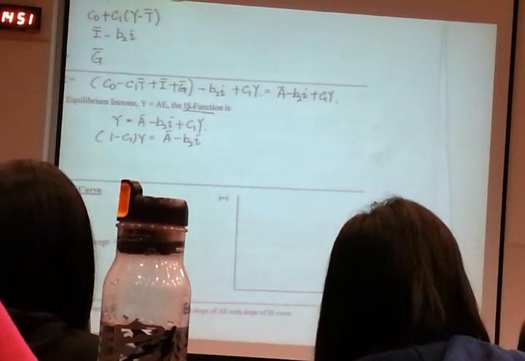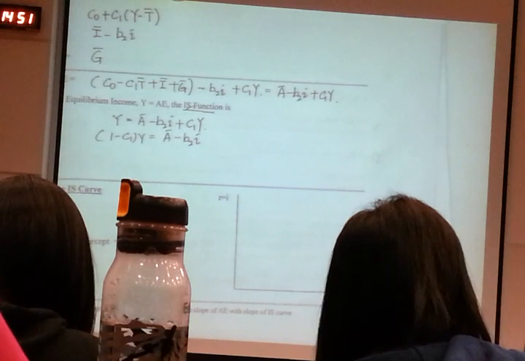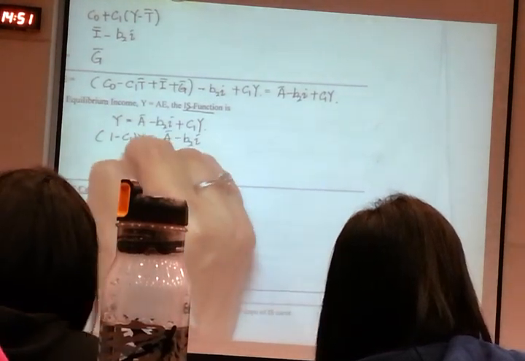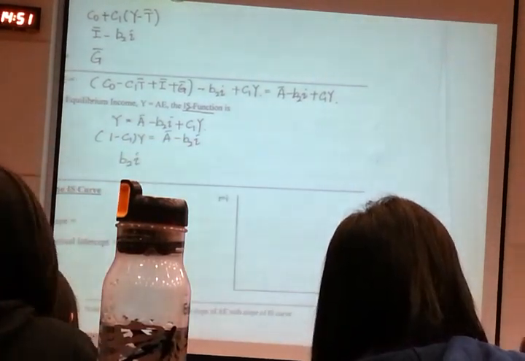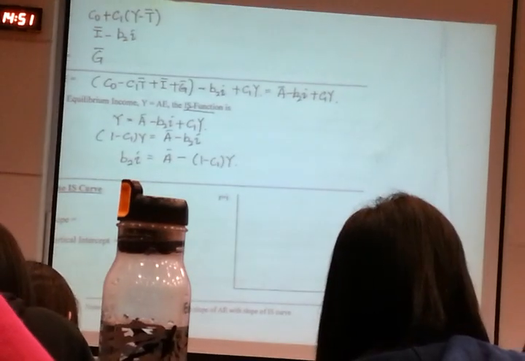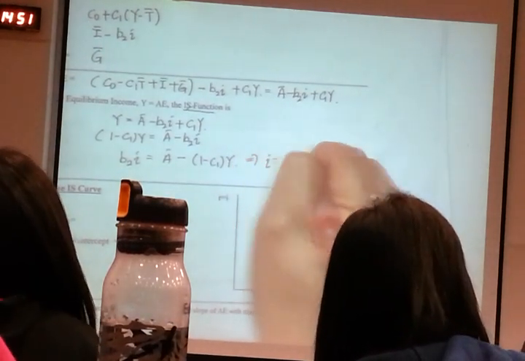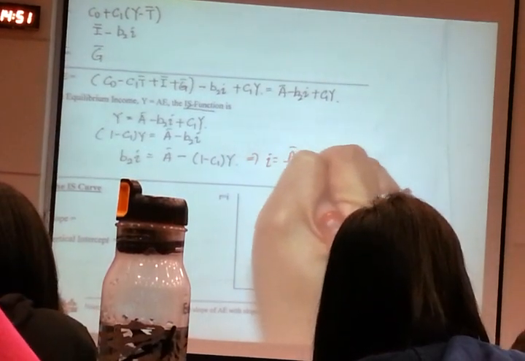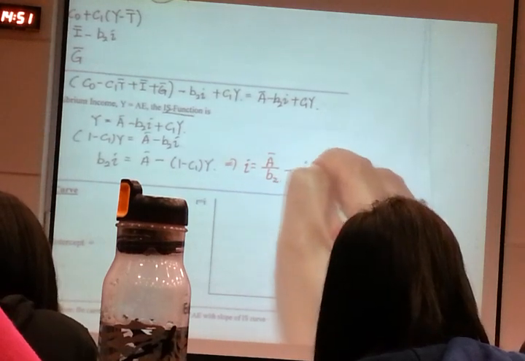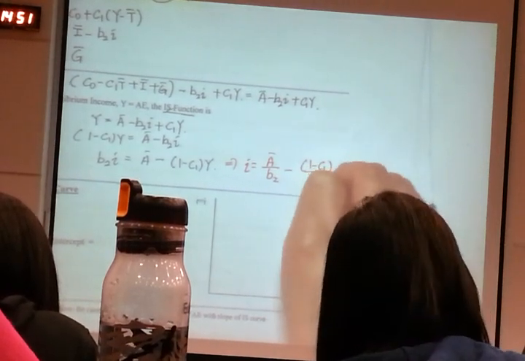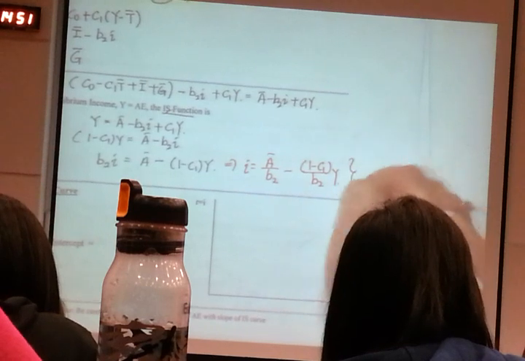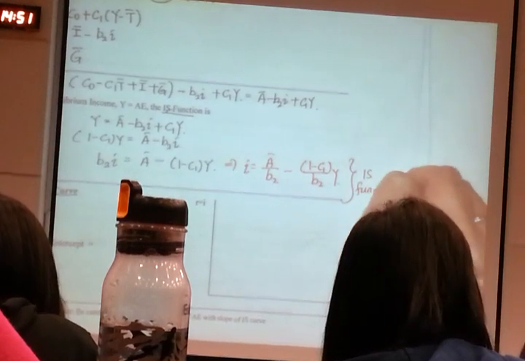So I will swap the terms, bring the B2 i to the left side, left with A bar minus (1 minus C1) Y. And from there, you will get your answer: interest rate is A bar over B2 minus (1 minus C1) over B2 times Y. This is known as your IS function.